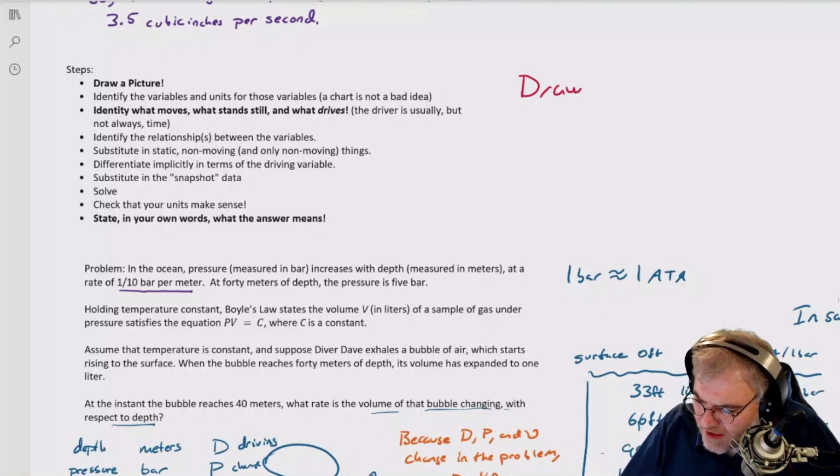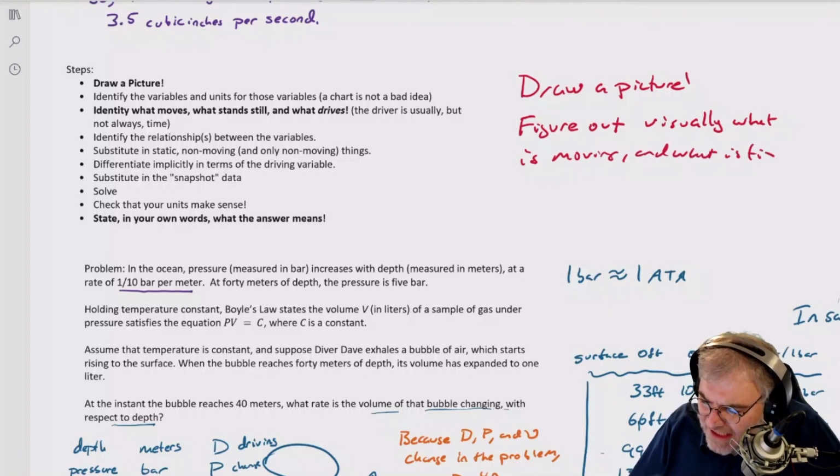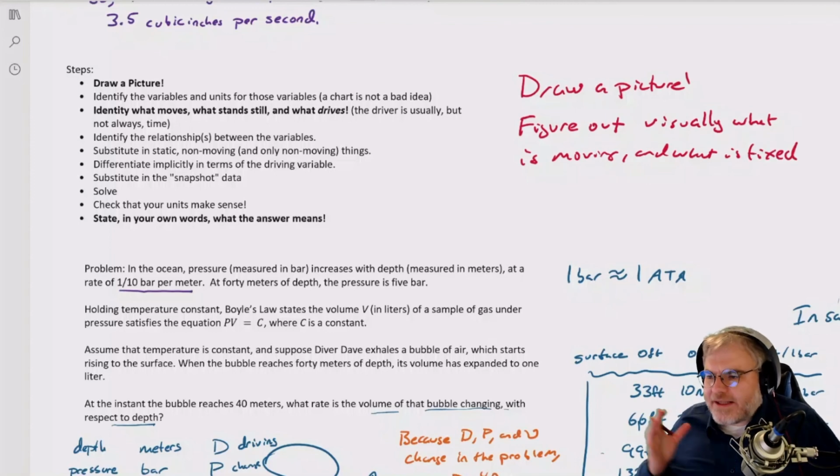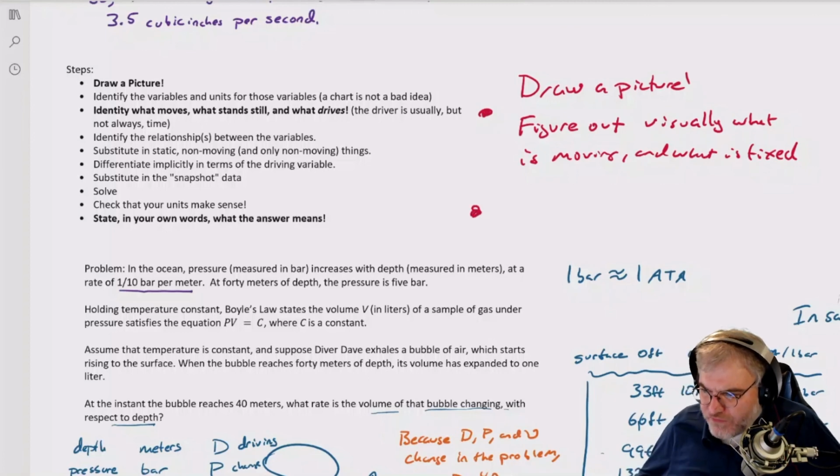Draw a picture. Figure out visually what is moving and what is fixed. And I cannot stress that enough. Drawing the picture is probably one of the 2 keys to the problem. These are the important key points. Draw a picture to figure out what's moving.